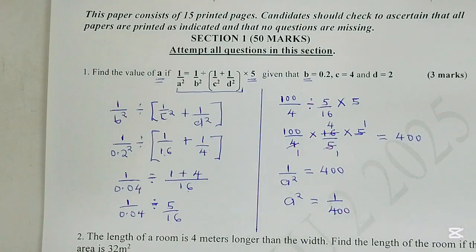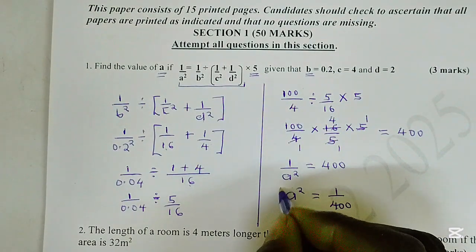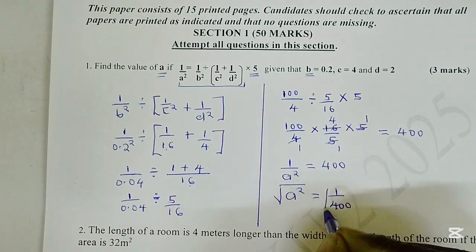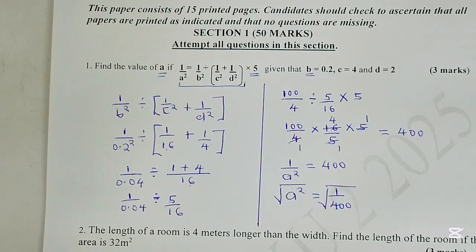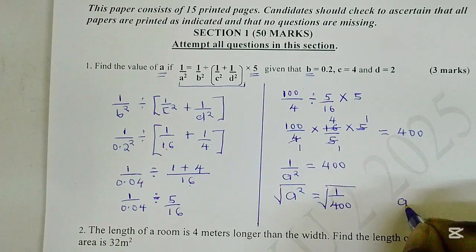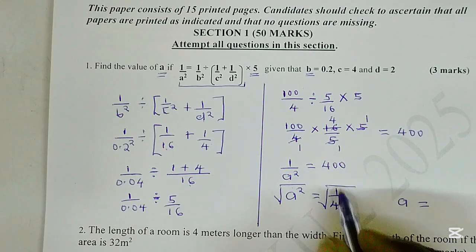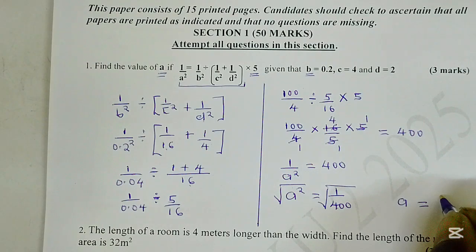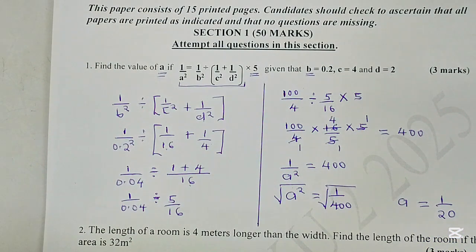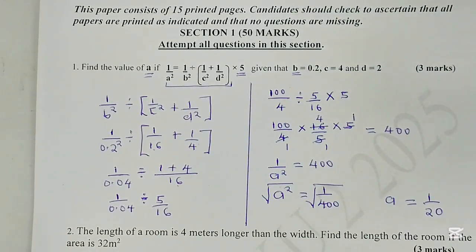It is like the reciprocal. So taking the square root on both sides, the value of A is equal to the square root of 1 over 400, which gives us 1 over 20. So the value of A in this particular case is 1 over 20. So that was question 1.